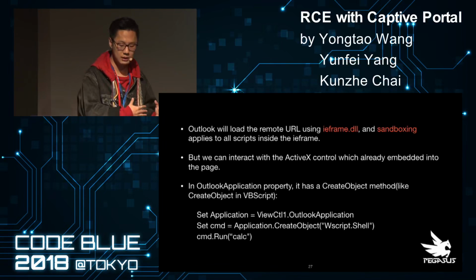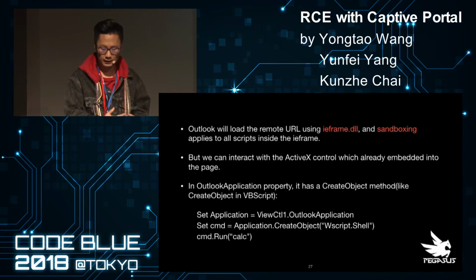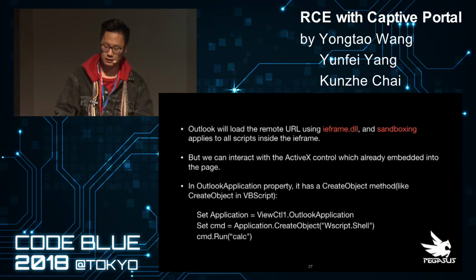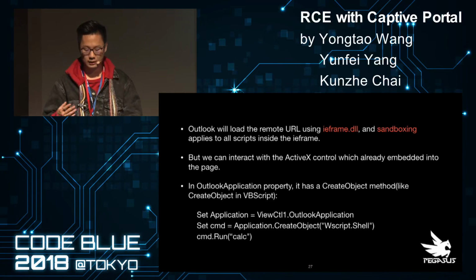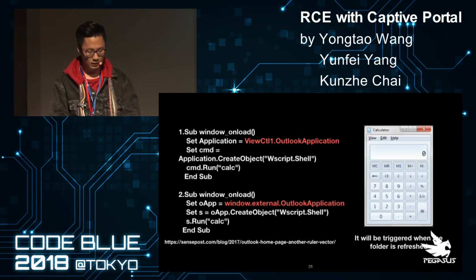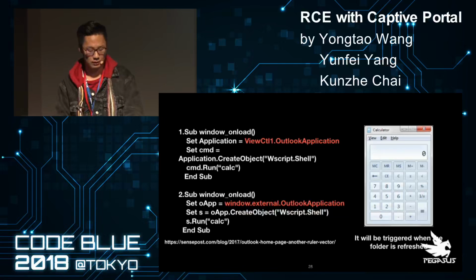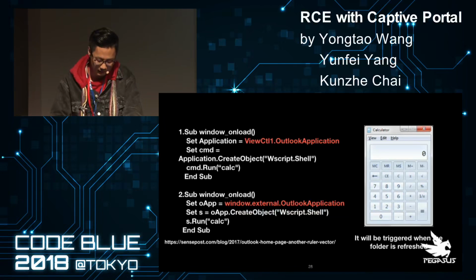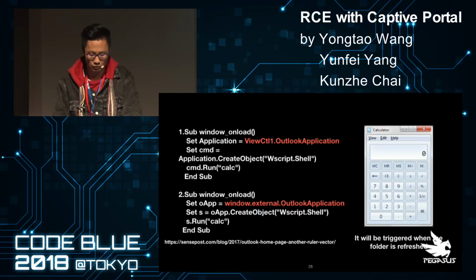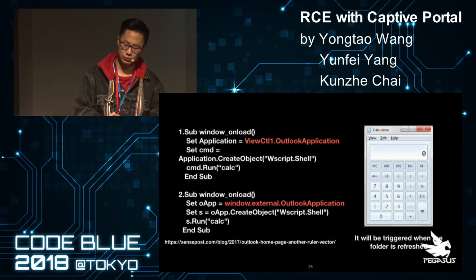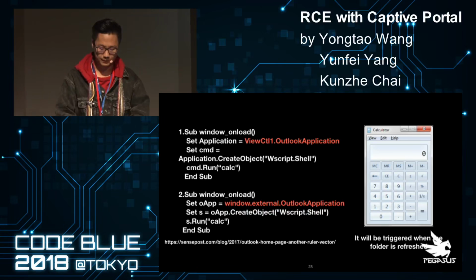In the Outlook application, it has a CreateObject method, like CreateObject in VBScript. If you don't want to use the ActiveX Outlook view control, we can also use Windows PowerPoint external to get a handle to the Outlook application.